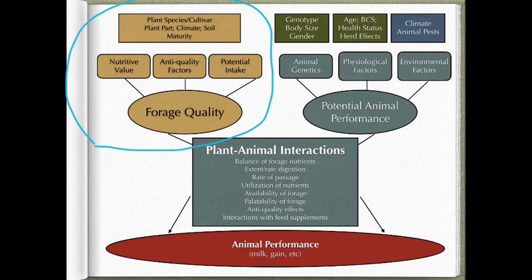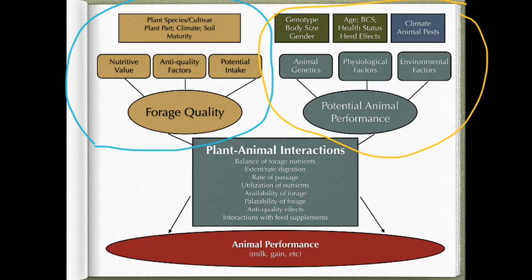On the next side of things, we have all of the animal factors that can come into play, and this is a whole host of things. The genotype, the genetics of the animal, how big is it supposed to be, gender, the age, body condition score, health status, how animals interact with each other in a herd. Because if you've been around animals, you understand some have a dominant personality and others have a submissive personality.